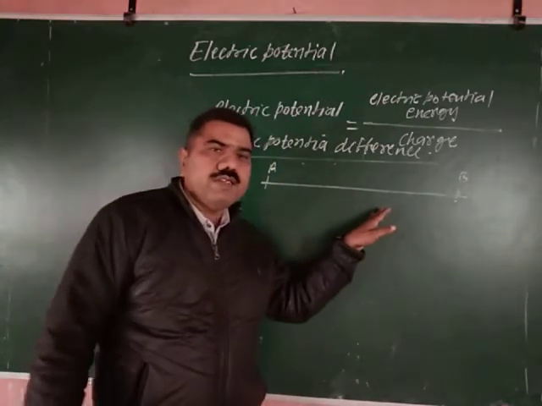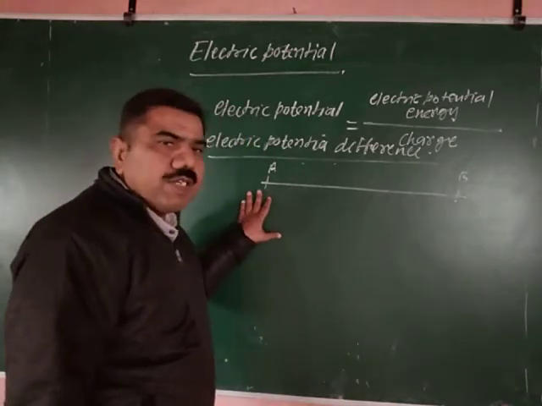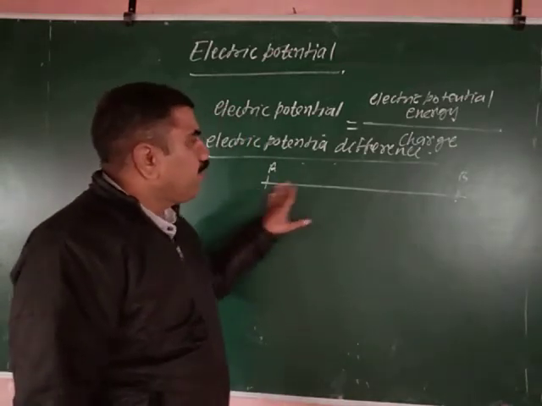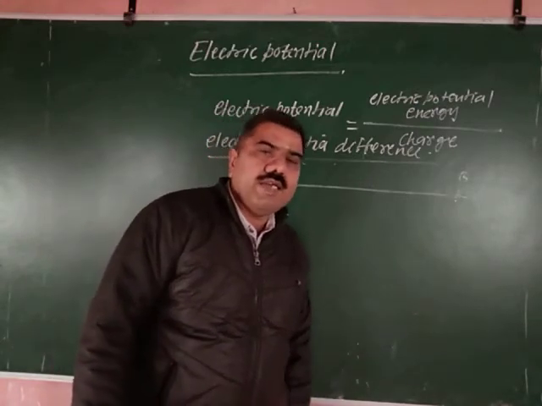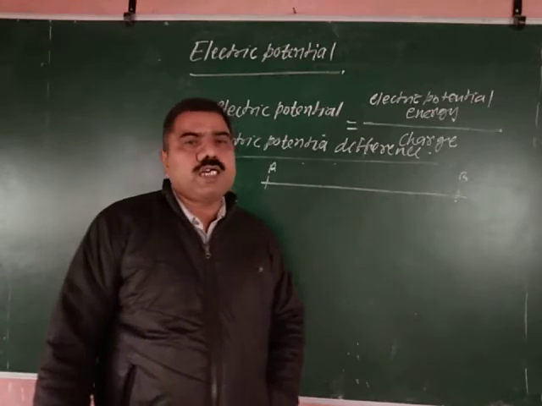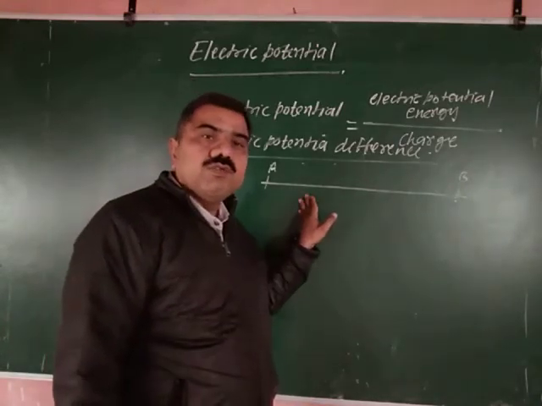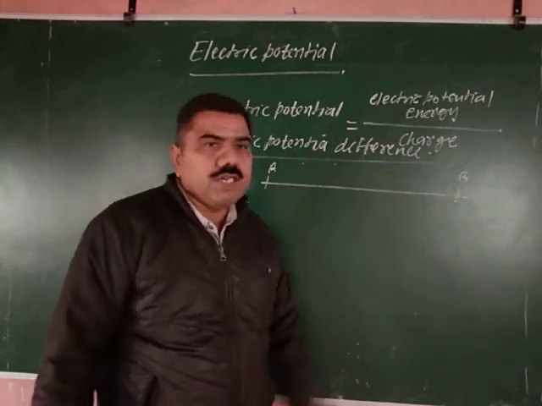This is a conductor represented by AB. The electric potential difference between point A and B is defined as the work done per unit positive charge to move this charge between these 2 points.